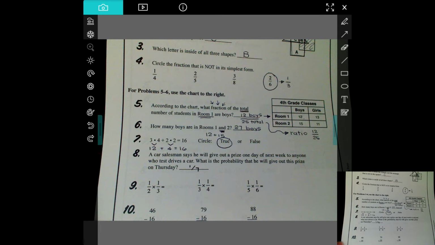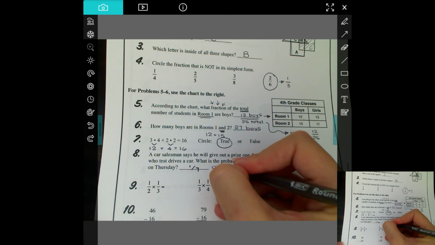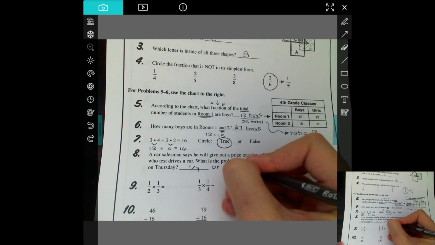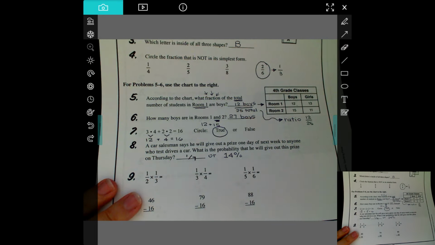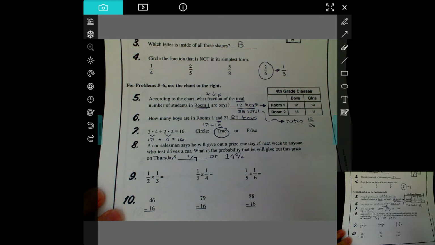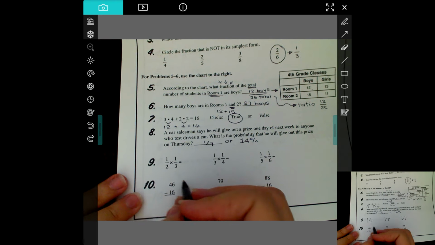And then we could divide 1 divided by 7. And that would tell me that there is a 14% chance that he will hand out that prize on Thursday.